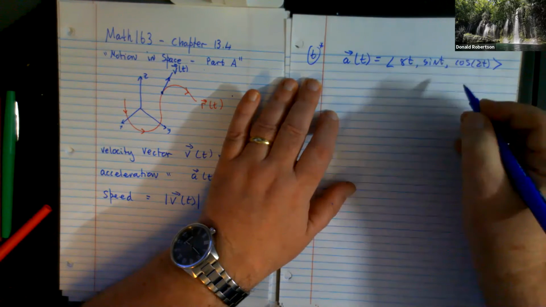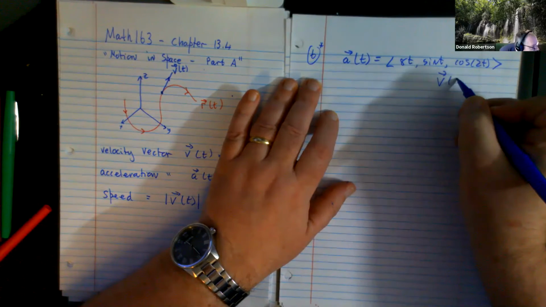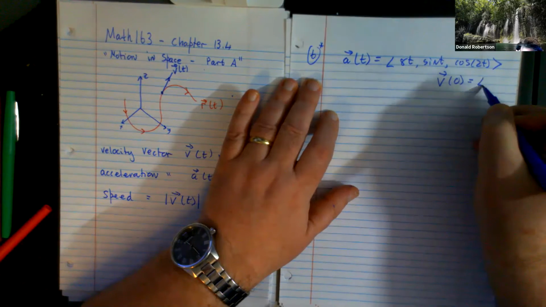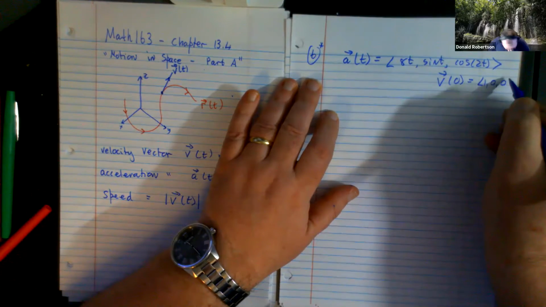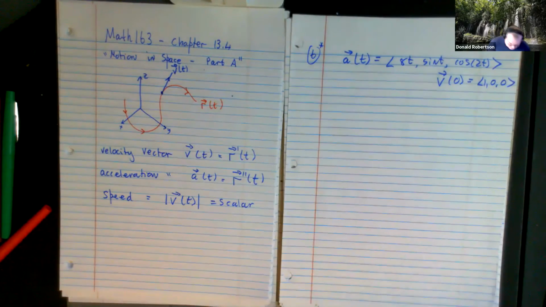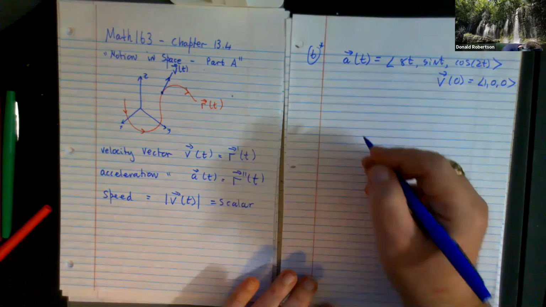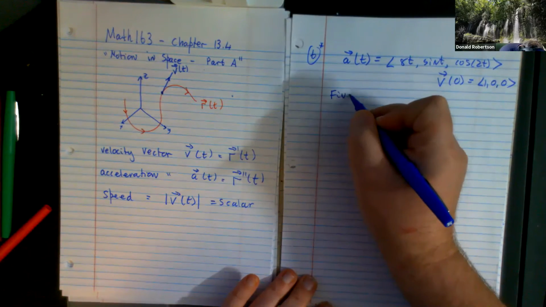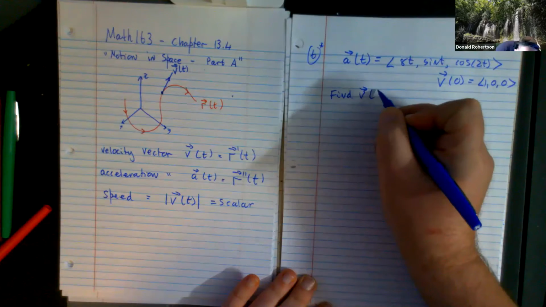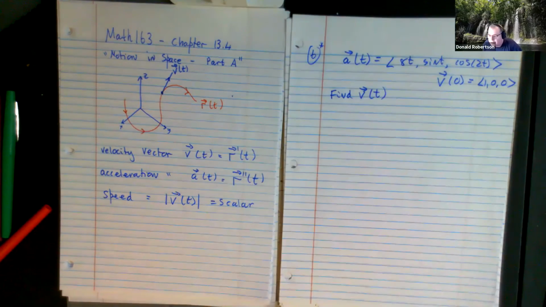And I'm going to tell you that the velocity at 0 is the vector 1, 0, 0. And the question says, find the velocity vector using this information.